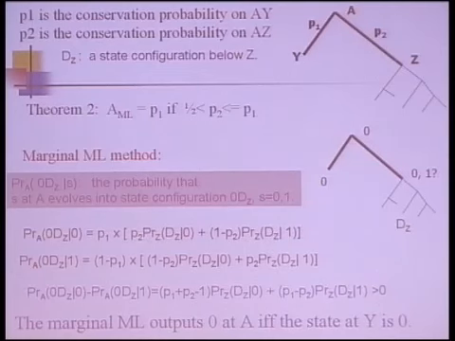So this indicates that for this kind of unbalanced tree, the information in this large clade is not used at all.